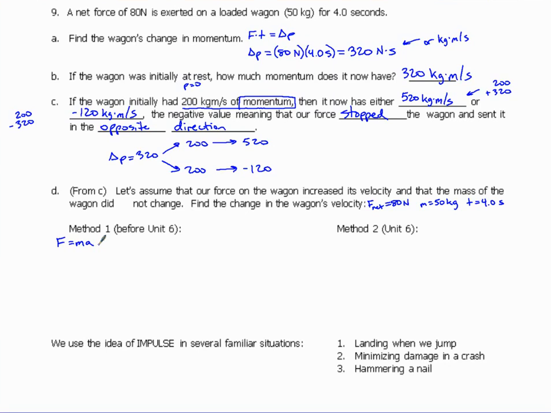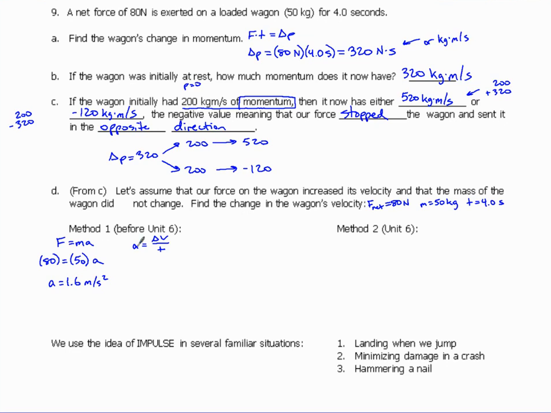Here are some older formulas. Force is mass times acceleration. Acceleration is the change in velocity over time. We knew the force, it was 80, and the mass, it was 50. We could find the acceleration. So the acceleration was 1.6 meters per second squared.